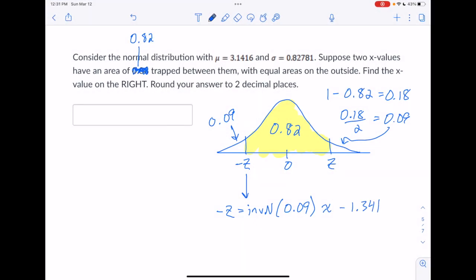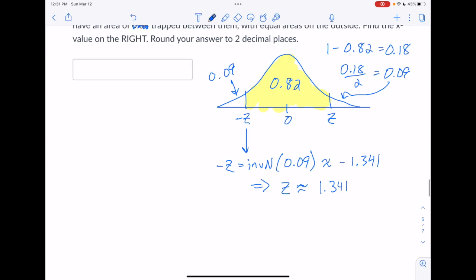All right, so if that's the z on the left, then that tells us that the z on the right is the equal but opposite value. So the z on the right would be positive 1.341. And then from that, we'll get our x value. The x value is mu plus a z-score times sigma.